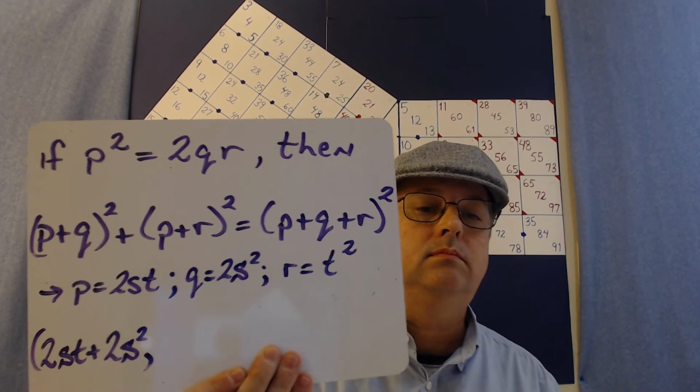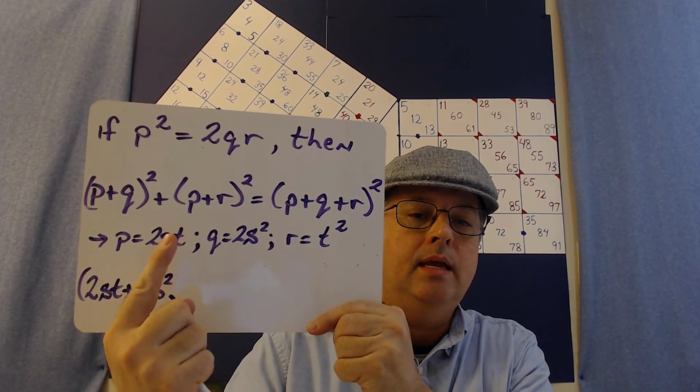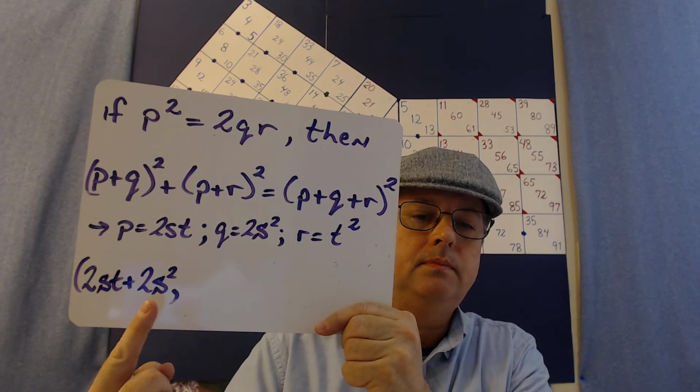Okay, then we can say 2st plus 2s squared. That's the p plus the q. And then p plus r, that's going to be 2st plus t squared.